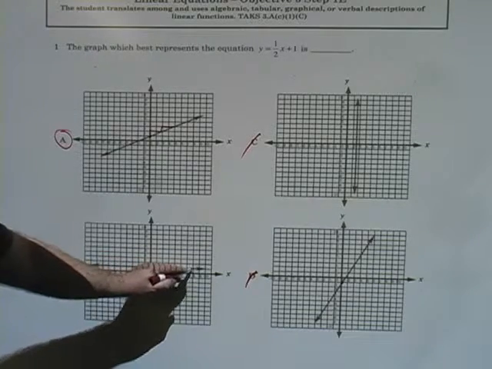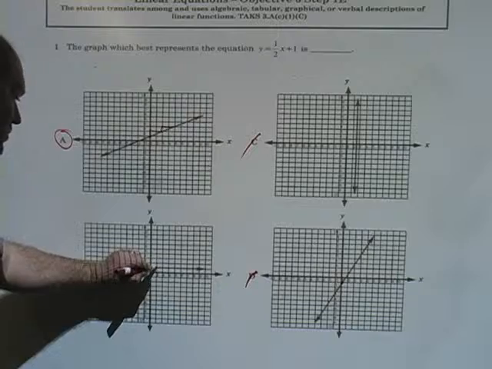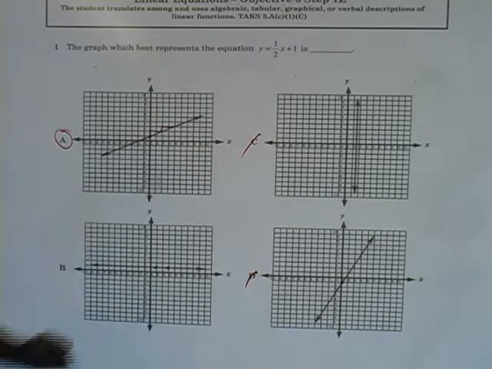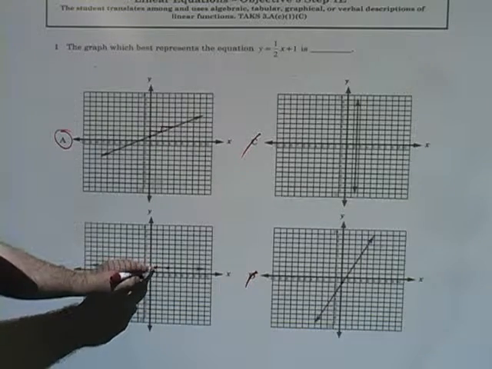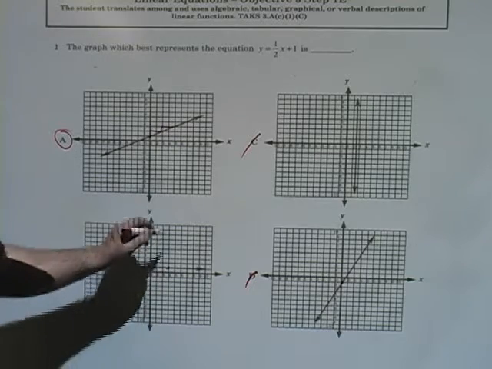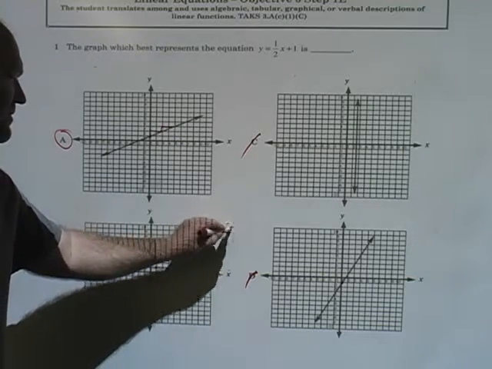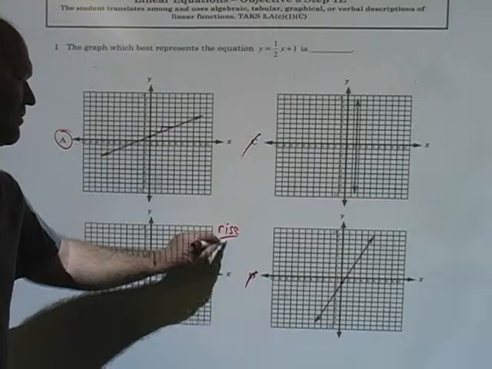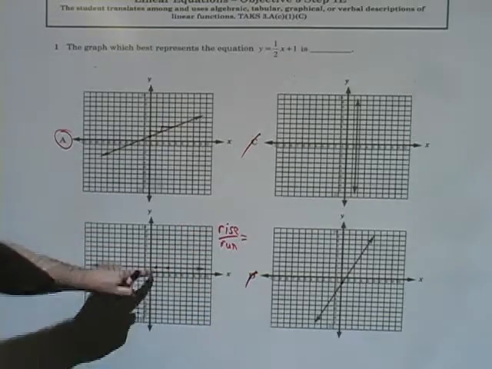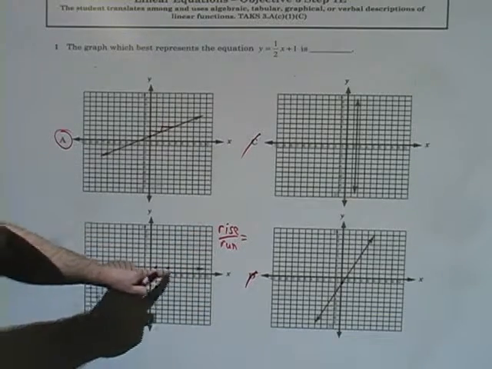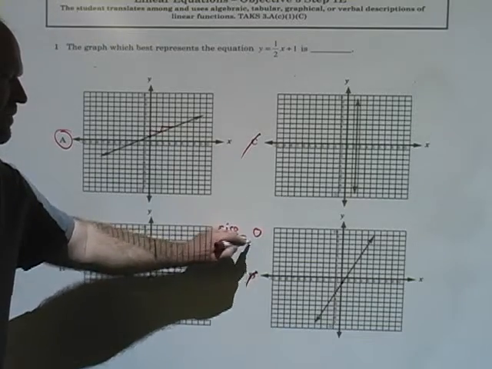This line right here, I'm going to pick 2 points. Look at the rise over the run on this one. How much does it rise between here and here? Well, it's 0.